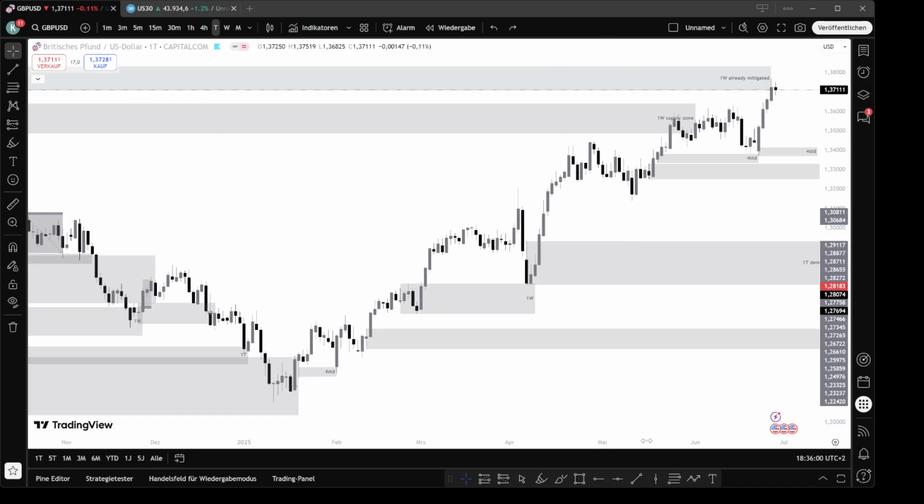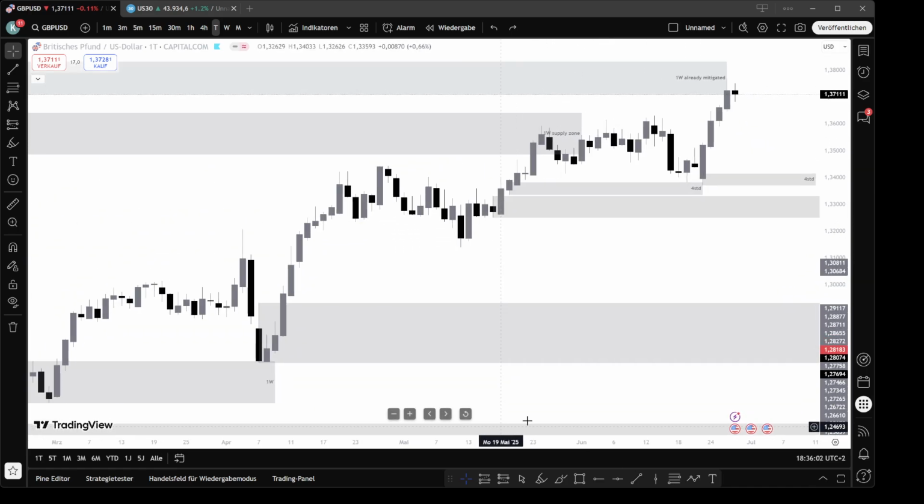Remember, if I zoom out this chart, this is the daily candle. See how the daily candle did close here. This is an indecision candle, telling us we don't know whether buyers or sellers are in control, so there's a probability that price will go up and a probability that price will come down.